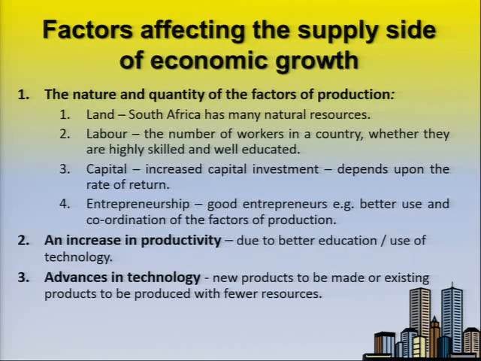Then number 4, another factor of production, entrepreneurship. Do we have good entrepreneurs in our country? Are we better utilizing these entrepreneurial skills that we have in our country? And is there coordination of the factors of production? Of course, we need the skill. This is the skill that the entrepreneurs need to possess, because they are the innovators, they are the organizers, they are the ones who organize all the other factors of production.